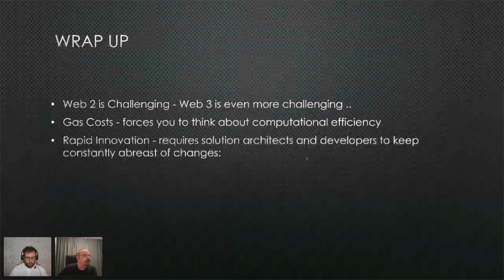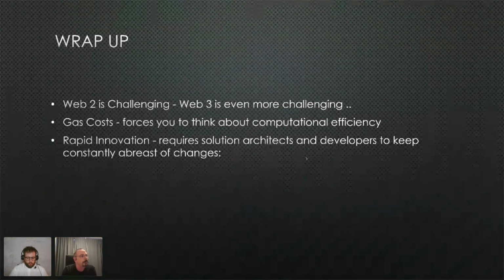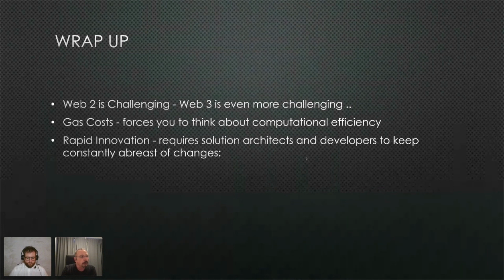One interesting thing, rapid innovation really requires us to keep abreast of changes. As I indicated, when we started this in 2019, EY open sourced Nightfall, which is a zero knowledge proof system. I think at that time, the gas fees for running that were about $3,000.